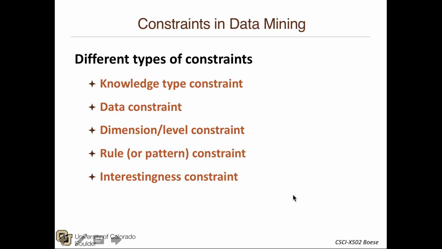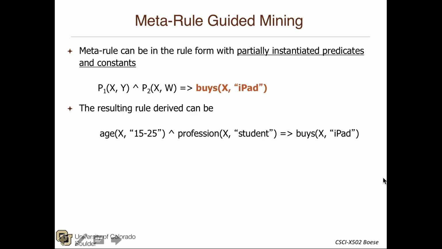For the interestingness constraint, we look at strong rules. For example, minimum support greater than or equal to 3%, a minimum confidence of 60%, and correlation as well. For this meta rule guided mining, we look at the left-hand side and the right-hand side of our association rule. X can be a transaction, or it could represent a customer, depending on the context.